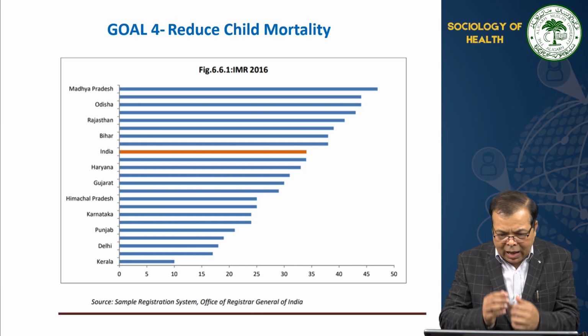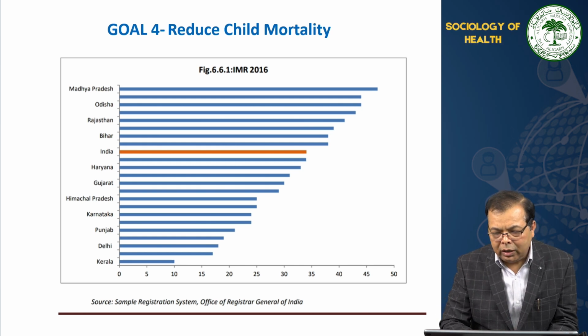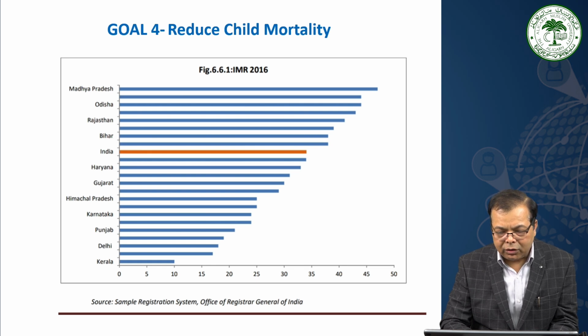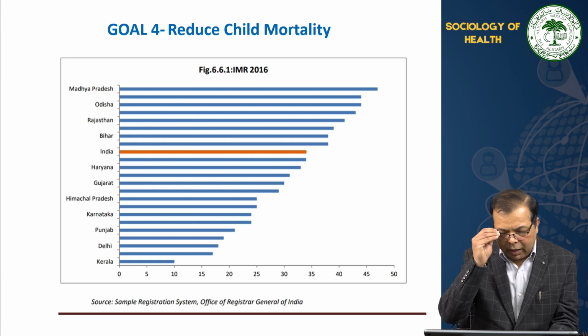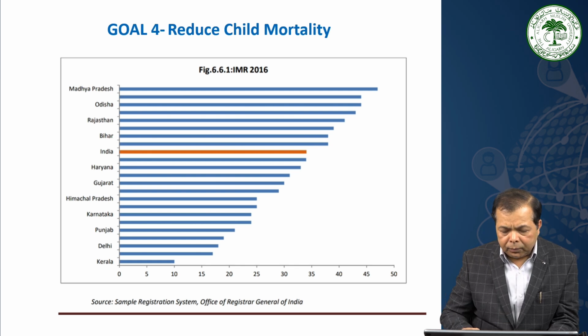Now again, we can have a look at the prevalence of IMR in terms of the states. Again, we see that at the top is Madhya Pradesh, followed by Odisha, then Rajasthan, then Bihar. In terms of the best performing states, we see that it's Kerala, Delhi, Punjab, Karnataka, right?